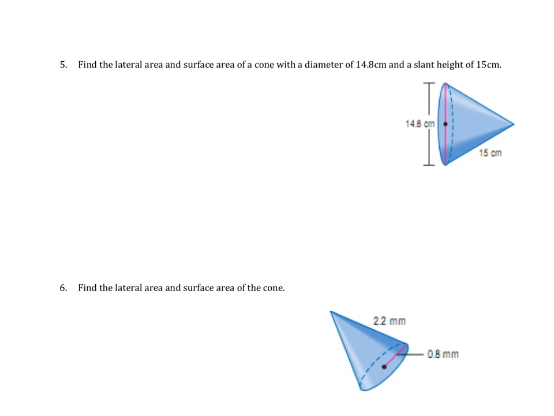So last little piece here, lateral area and surface area. So lateral area is going to be 2 pi r times slant height divided by 2. Okay, or I could just go pi r L, simplify it. All right, then for surface area, I'm just going to take pi times the radius times slant height plus the area of the base.